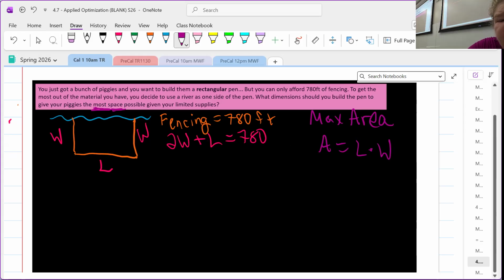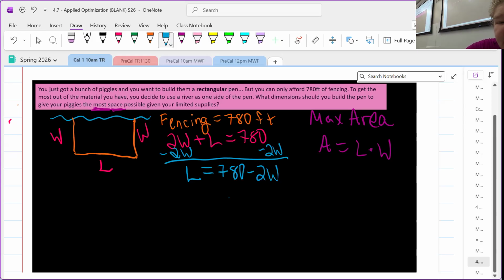So I have 2W plus L equals 780. I can get L by itself without having to do any division. So I'm going to subtract 2W from both sides of this equation. So I now know that the length is 780 minus 2 widths.